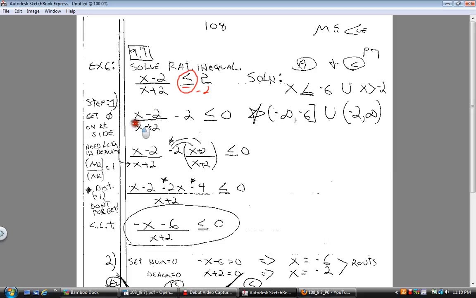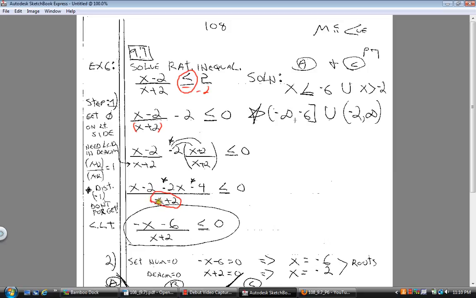Every denominator has to be a factor, so the x plus 2 needs to be on the second rational expression. We multiply by x plus 2 in the denominator and stack it in the numerator, so we have an equivalency of 1, and that way we're allowed to combine over the LCD, x plus 2.